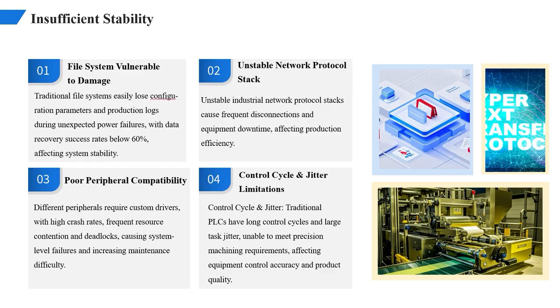This directly impacts system reliability. And the second is network protocols that are unstable. And third is poor peripheral compatibility. Different peripherals require custom drivers, leading to high crash rates, resource contention, and deadlock, all causing system-level failures that increase maintenance costs.